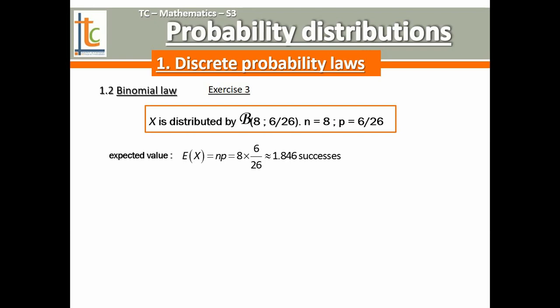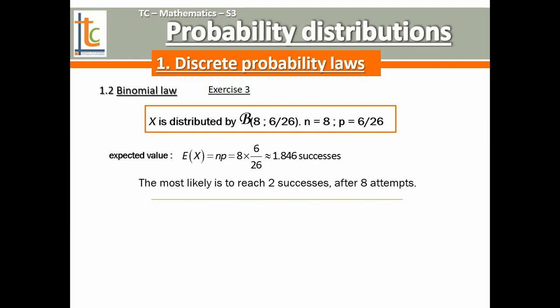In fact, this is the average number of white sectors that you can expect after 8 times rolling the wheel. 1.8 approximately white sectors on average every 8 times you roll the wheel. It tells you again that the most likely is to reach 2 successes after 8 attempts. So if you roll the wheel 8 times, the better probability is to reach 2 successes, so to have 2 white sectors and 6 red sectors in the end.